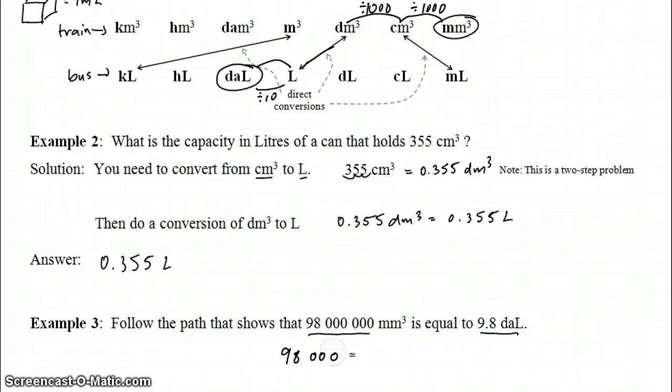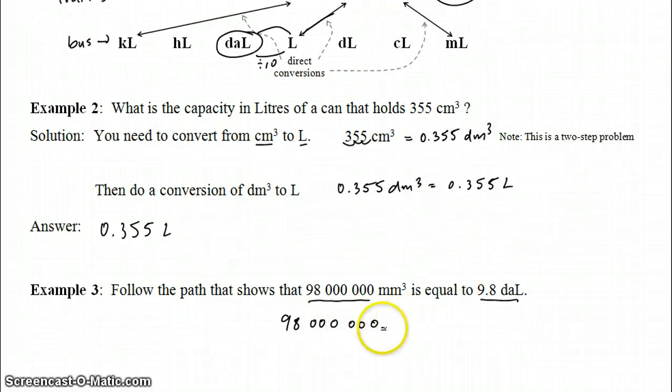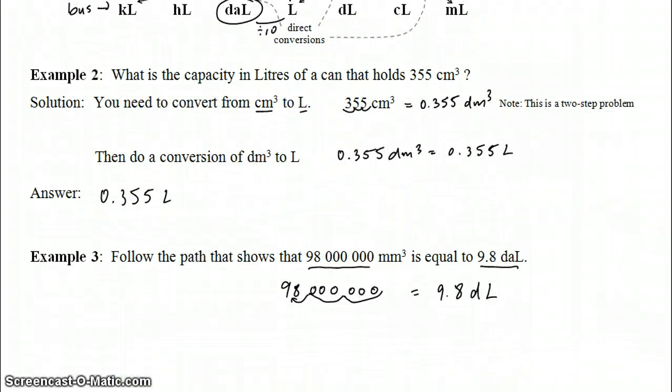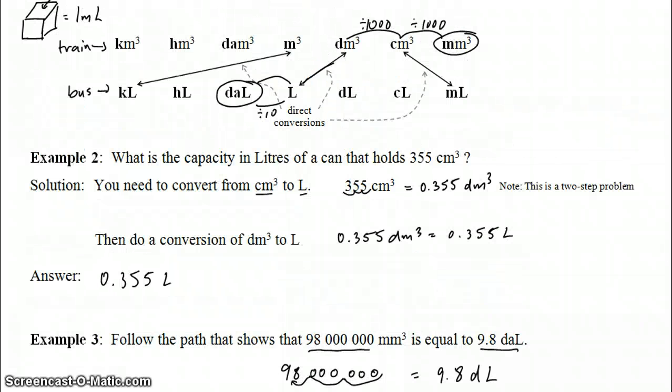And I'm going to transfer the decimal 7 places. 3, 6, 7 places. So that means it's going to be 9.8 deciliters. And notice, by the way, there is no direct transfer point to deciliters on that chart, so that's why we had to do it in 2 stages. It's 2 or 3 steps along the way.